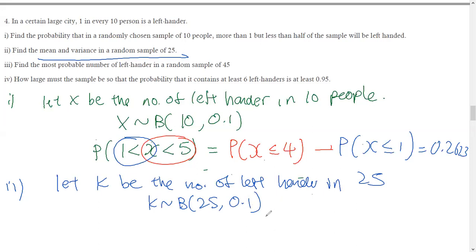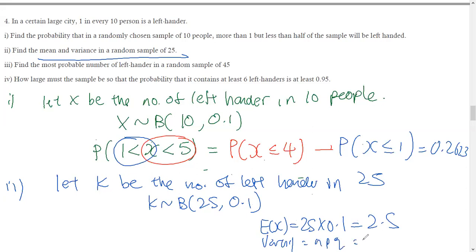To get the expectation, E(X) will be equal to np, which is 25 times 0.1, so it's 2.5. Next, if you need the variance, Var(X) will be npq.